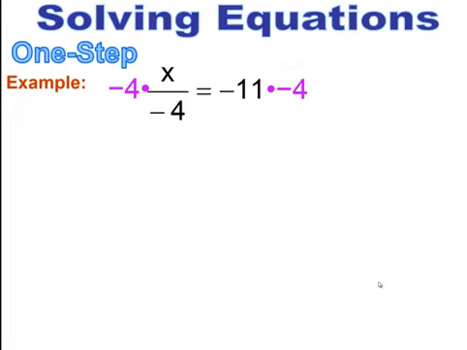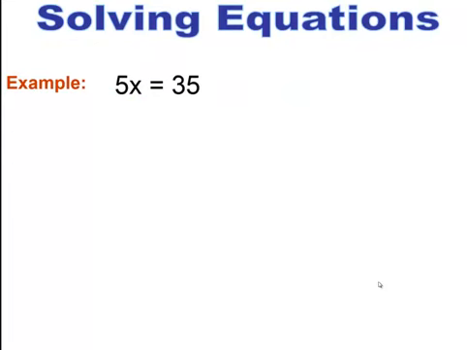So I'm going to multiply both sides by a negative 4 so that I can eliminate that negative 4 and isolate the variable. And whatever you do to one side of the equal sign, make sure you do to the other. So that negative 11 is going to be multiplied by that negative 4, and you'll end up with x equaling a positive 44, because negative times a negative is a positive.